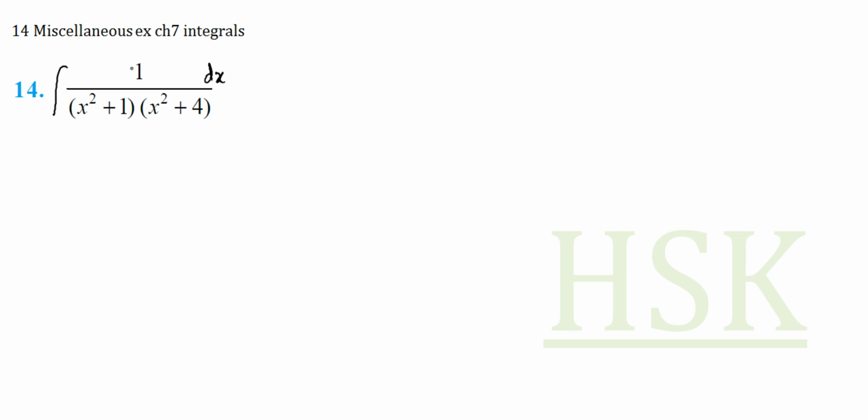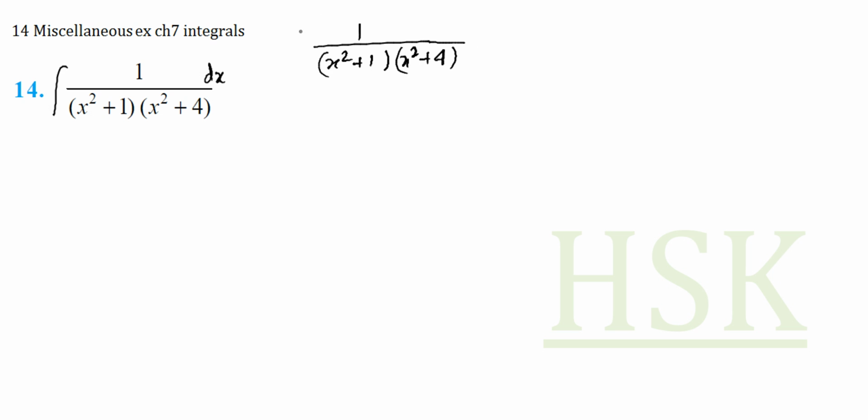In question number 14, to integrate 1 upon x square plus 1 into x square plus 4. First of all, what I see here is that this term, which we have to integrate, contains no terms other than x square.